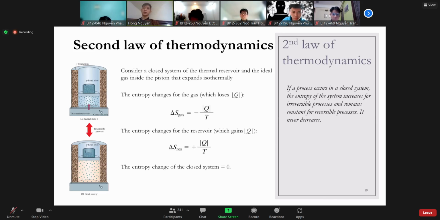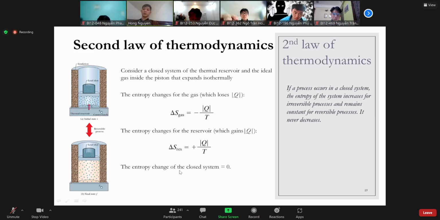Previously, we considered the entropy of an irreversible process. So we know that for an irreversible process, the change in entropy is always positive. Now, when we consider a closed system, and we know that this system is reversible, the gas here can be restored to the initial volume, initial temperature, initial pressure.